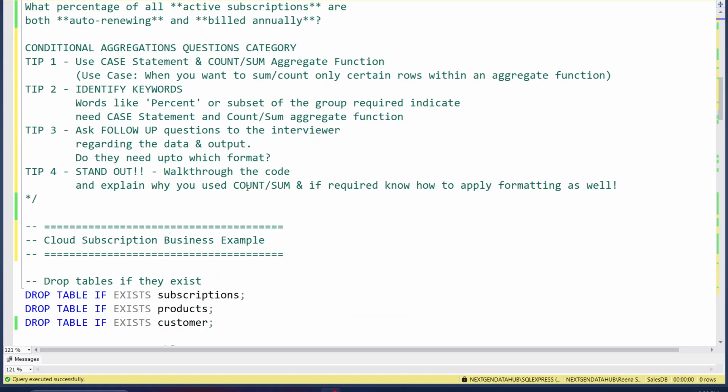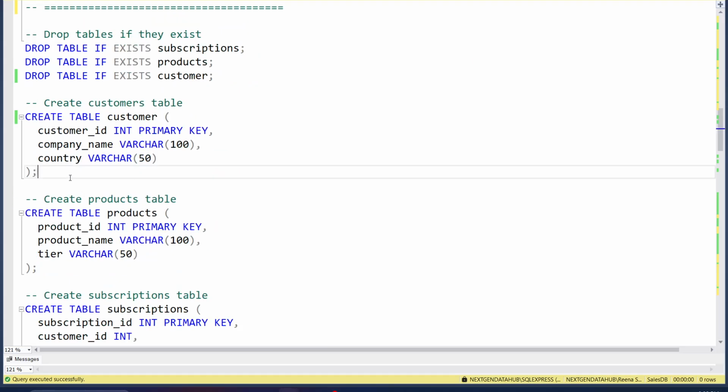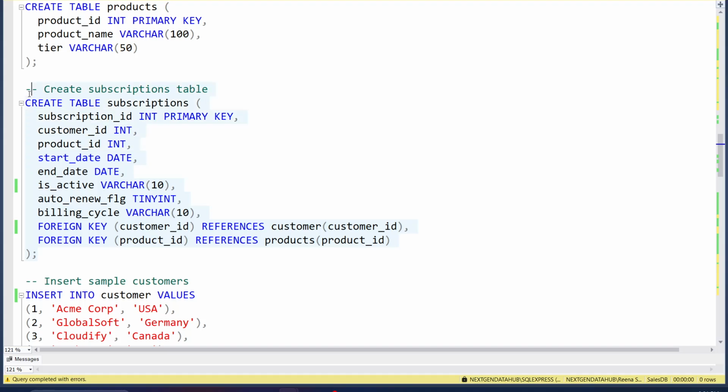Let me use my sample data script. Let's create these tables. We created our customer table. Let's create our products. These are our dimension tables. Then this is our fact table.